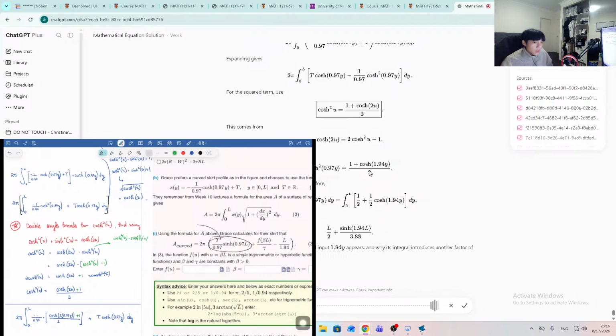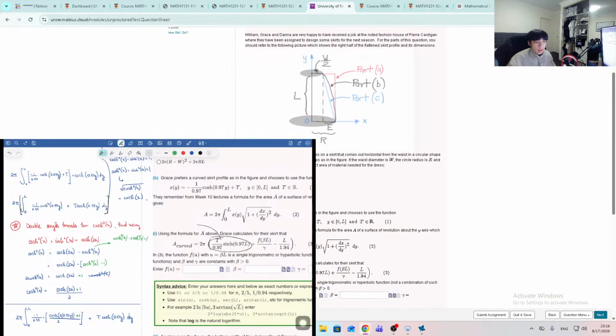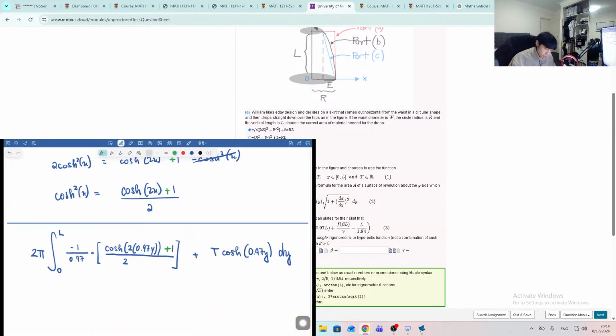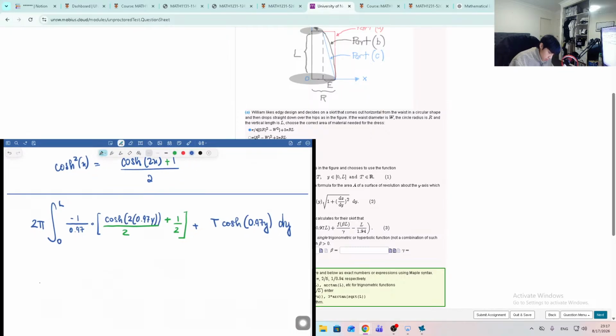But this is just the... Yeah, it is just this part. So this part goes to shine, this part goes to... Right, this is essentially this. Right? I want to factor this out.